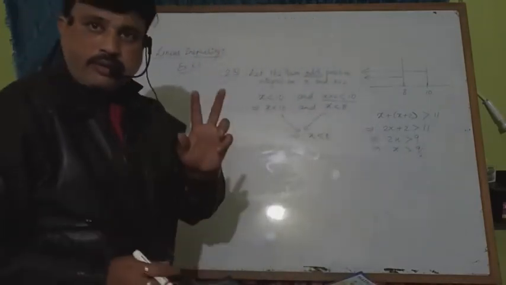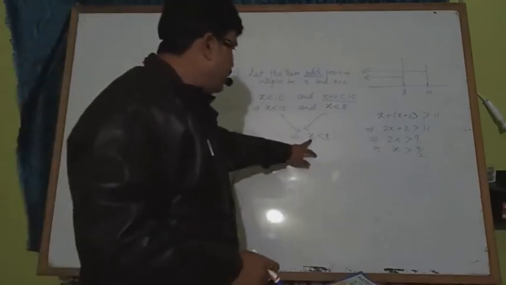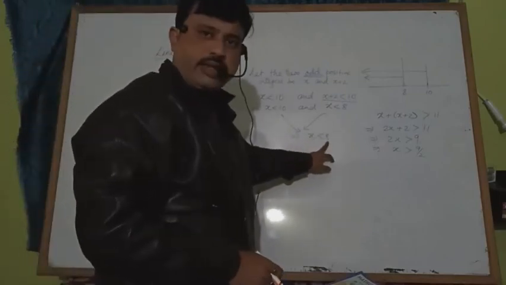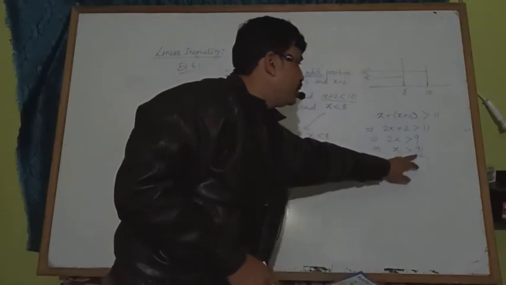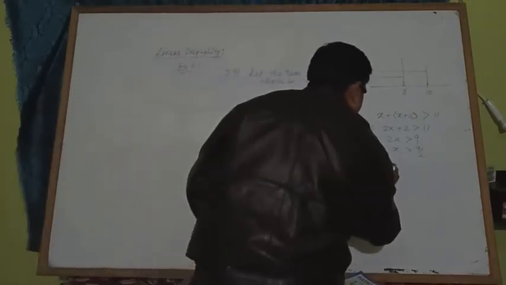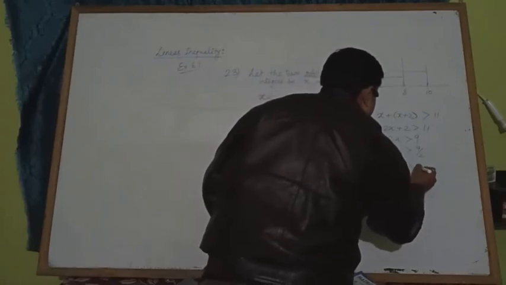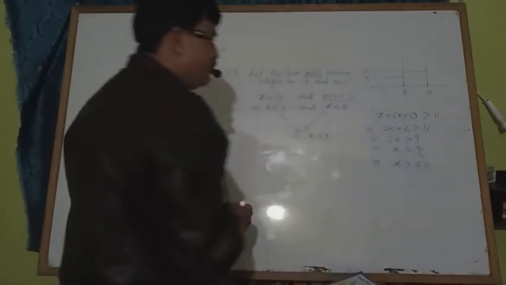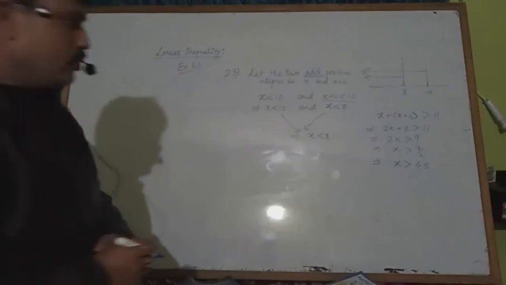Okay, so we have two conditions. This one says x should be less than 8, and this says x greater than 9 by 2. So 9 by 2 means it is 4.5. I will make a number line.